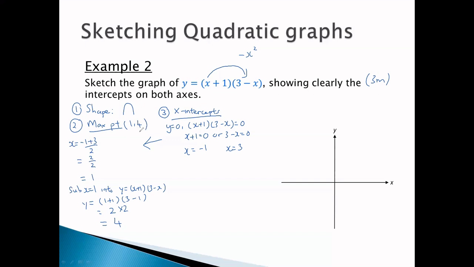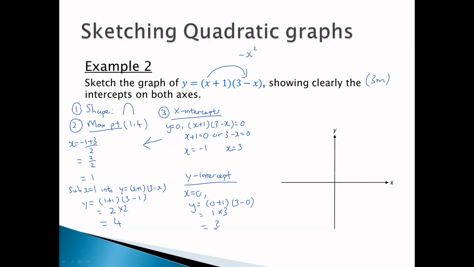Am I missing something? Yes, I still need my y-intercept. So only one y-intercept. Again, at a y-intercept, x equals 0. So y equals 0 plus 1, 3 minus 0 equals 1 times 3 equals 3.